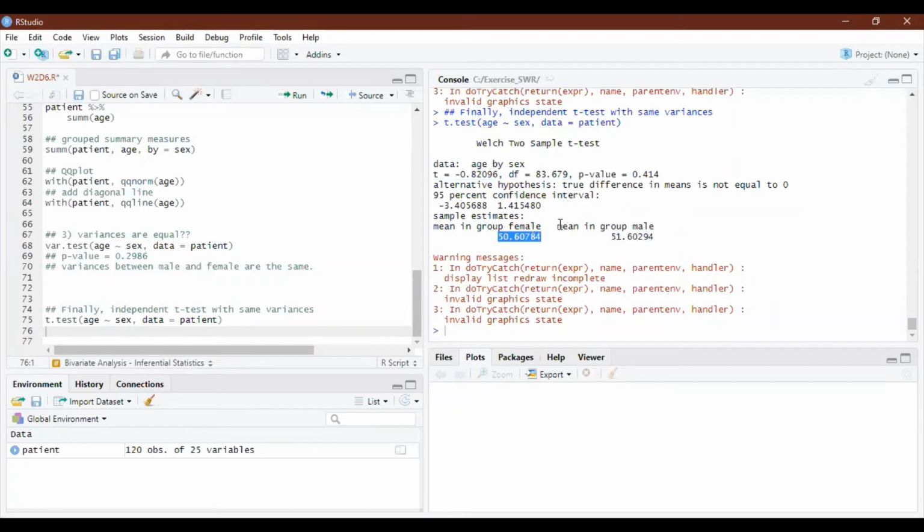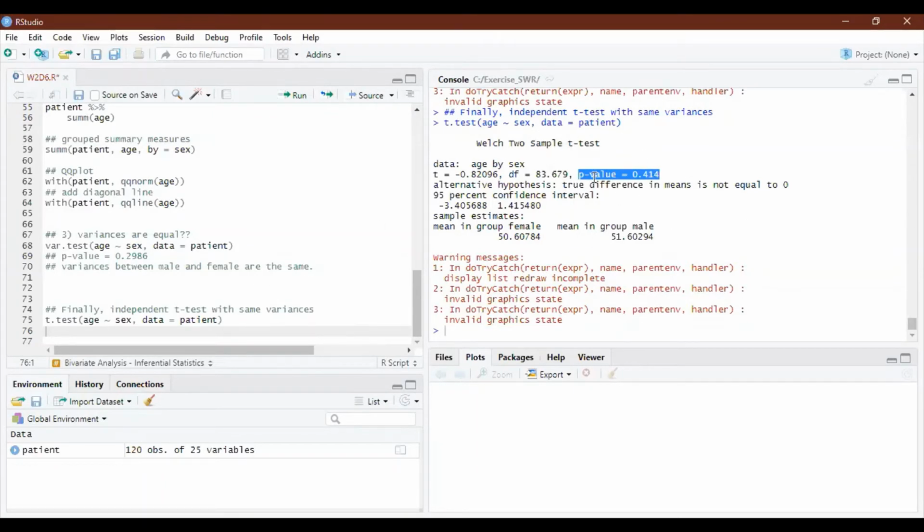The null hypothesis is that they are equal, and the alternative is that they are not equal. We have a p-value of 0.414, which is not significant. So it means that between the two groups there is no statistical difference between the two means. This is the result given by R.